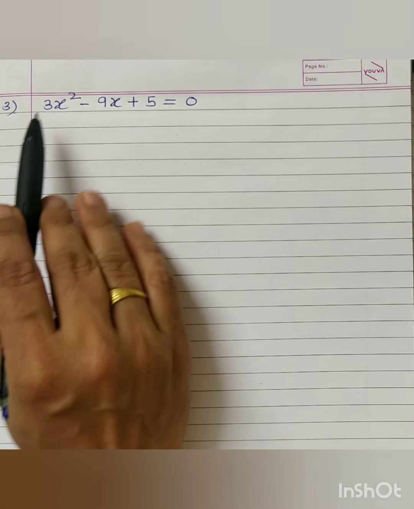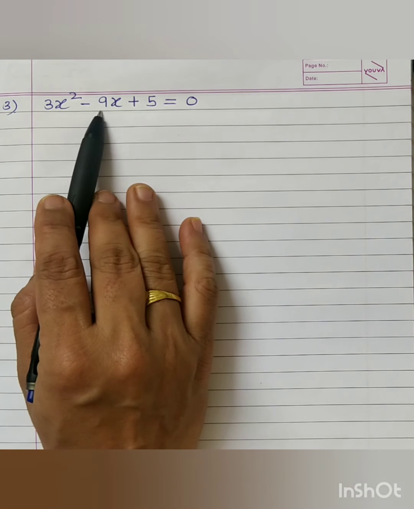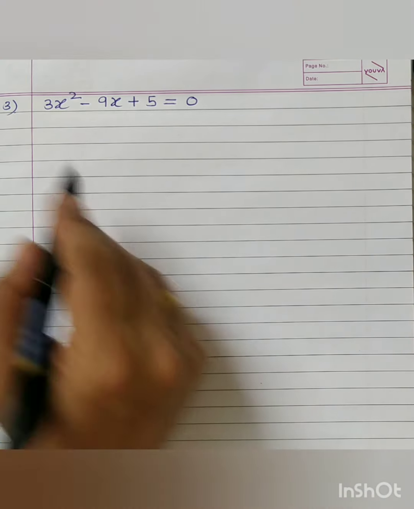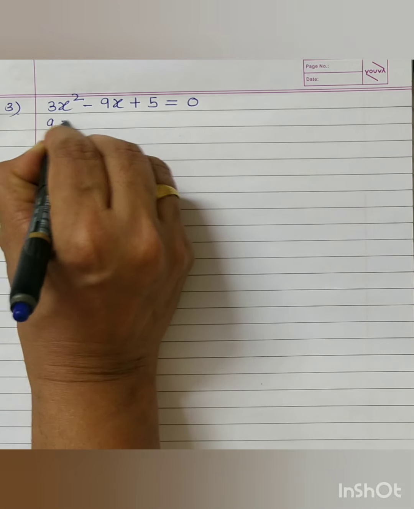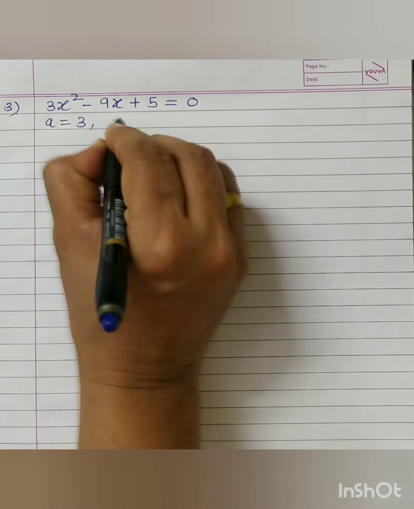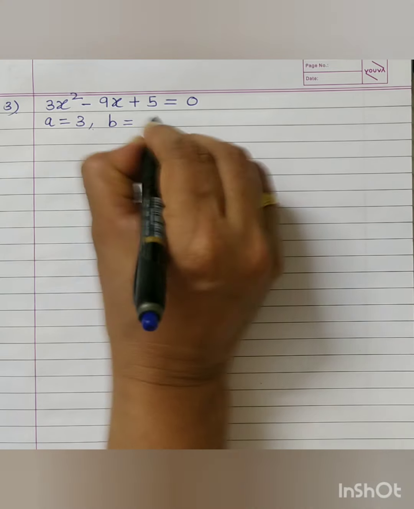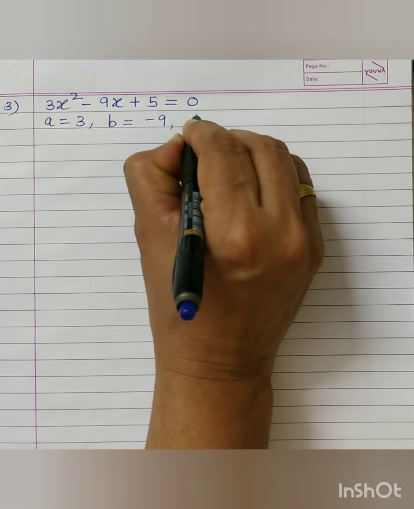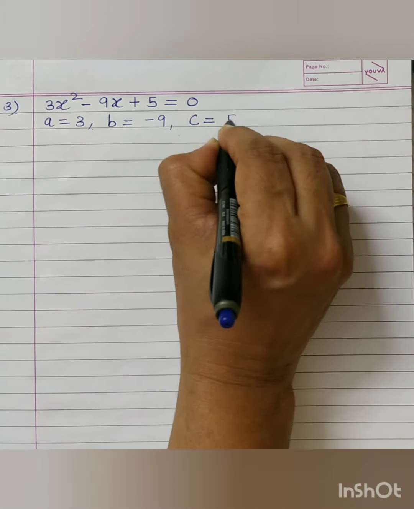Next one. 3x square minus 9x plus 5 is equal to 0. What is a? 3. b is minus 9. And c is equal to 5.